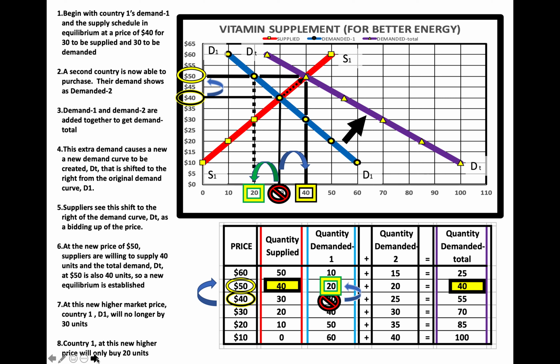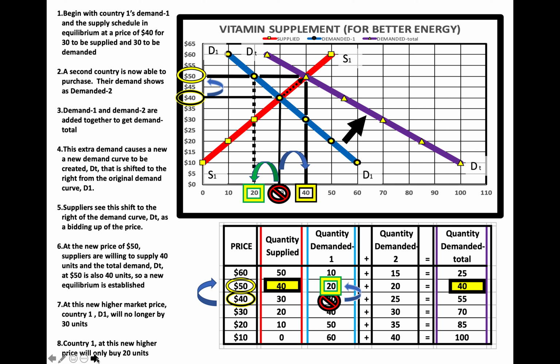But then the question becomes, what about the original country? They still have their original demand. And what happens now is they're stuck with the new equilibrium price, which is much higher. And at this higher equilibrium price, the original demand group or country are willing to demand fewer.